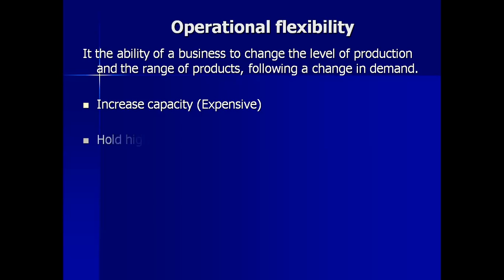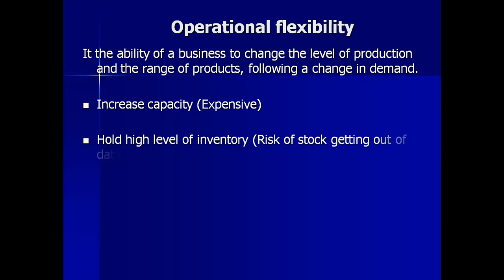Second is hold a high level of inventory. This is another way of having operational flexibility. If businesses have a high level of inventory, and demand increases all of a sudden and the supplier cannot deliver the goods that quickly, because you already have the stock of raw material available, you can quickly use it in the production process to make the products for customer satisfaction.